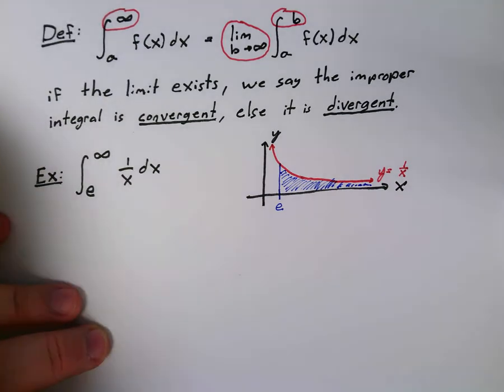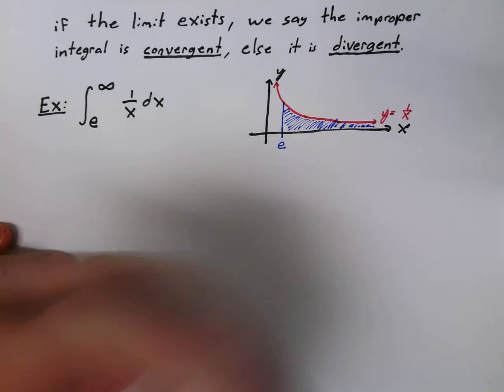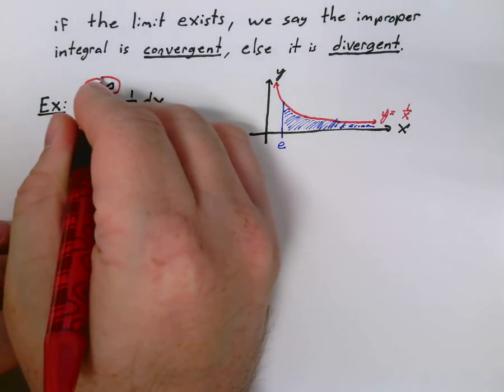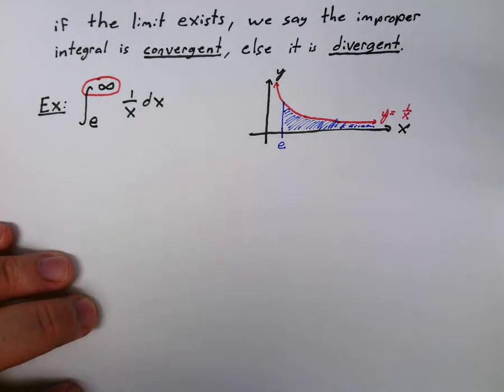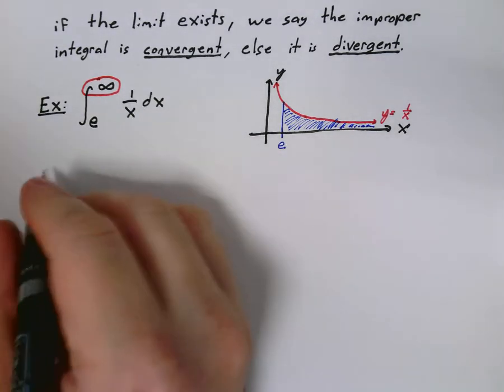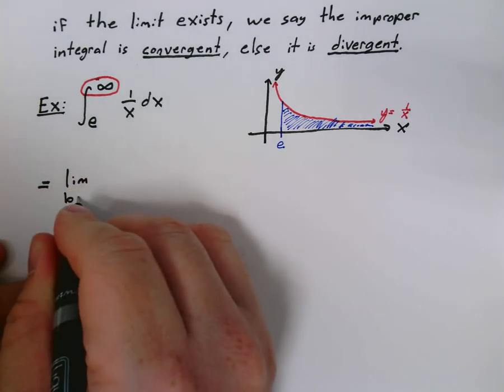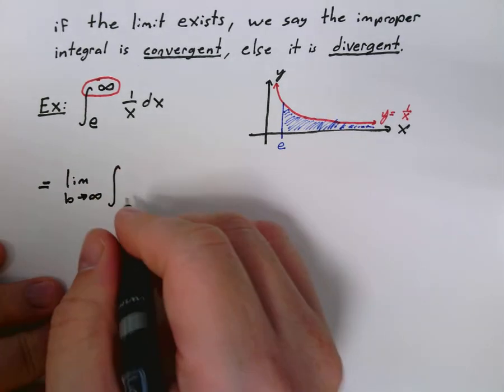Okay. Now, here's what you do. First thing I'm going to do is say, okay, well, this is the problem. This is what I'm having the issues with. I'm going to infinity. So I'm going to write it as a finite definite integral. And I'm going to write this as the limit as b goes to infinity from, say, e to b.